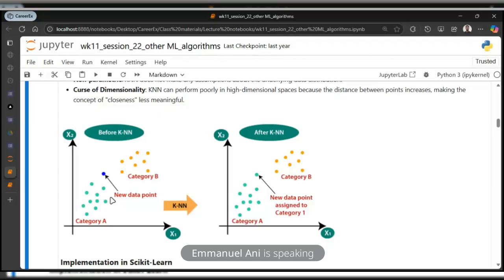You can't even wrap your head around 10 dimensions. That's why we talk about the curse of dimensionality: the higher the dimension you have, the more difficult it is for KNN to create a meaningful model.